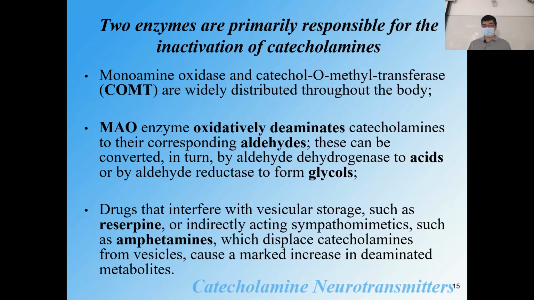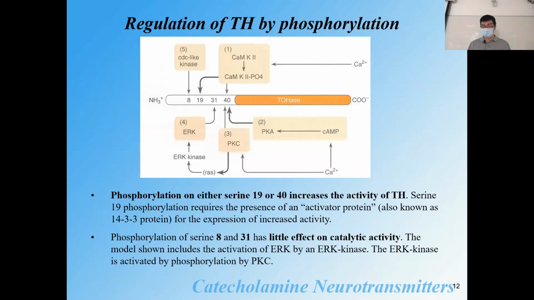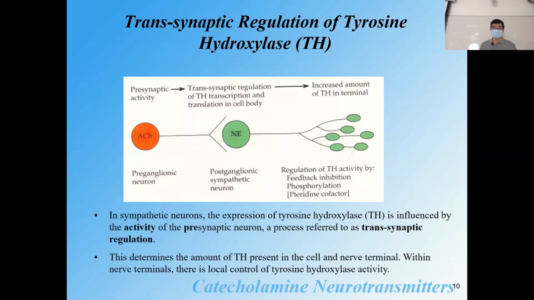On page 10 of this PowerPoint, the existence of two sites to modulate the activity of TH implies that there is more room for the body to modulate the signal?